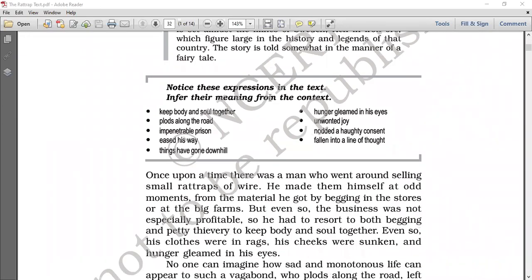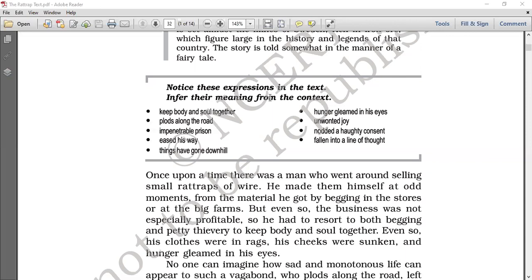Notice these expressions in the text, and infer the meanings from the context. Keep body and soul together, plods along the road. Impenetrable prison. You underline the word impenetrable prison. That means it can't be opened or touched, everlasting, long lasting prison.